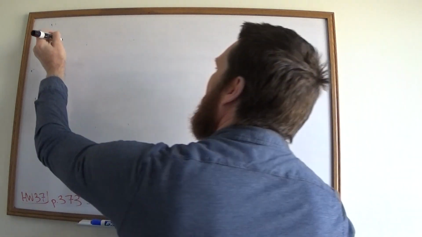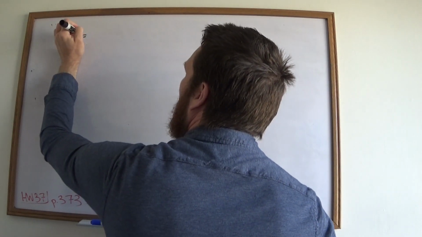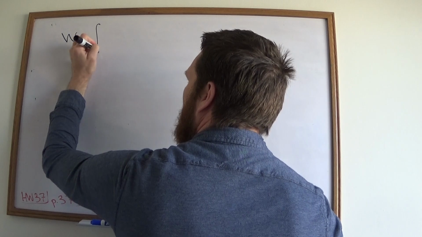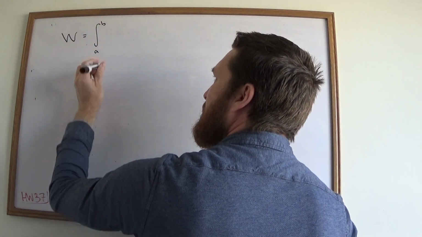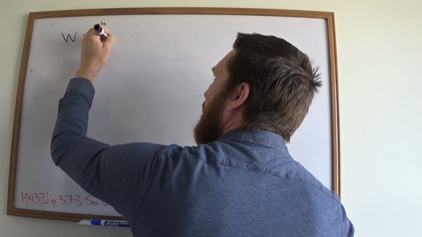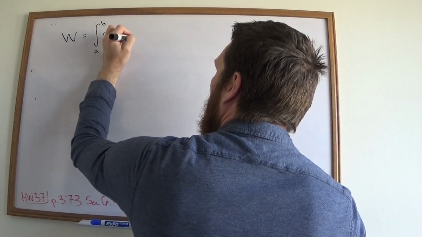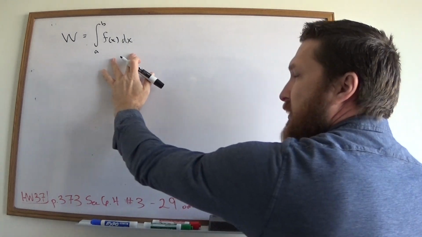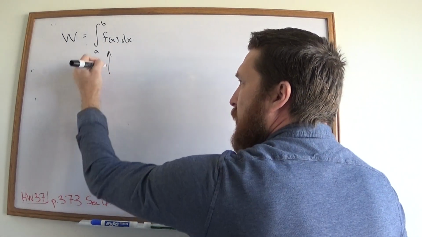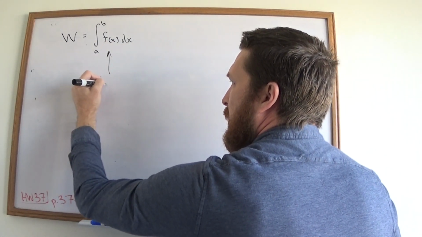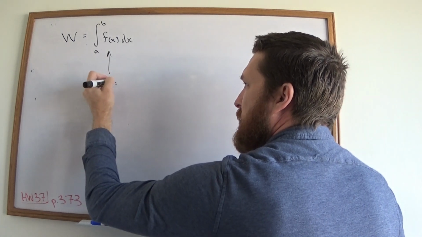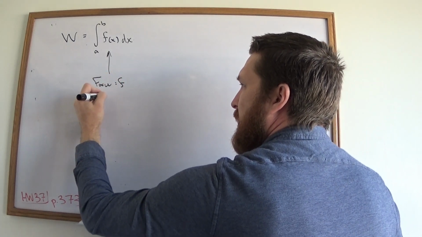I'll just write this up. So on one hand, we could think of work as the integral over some distance of f of x dx. And that's what it worked out to with the spring constant, right? Where the force, F, is variable.